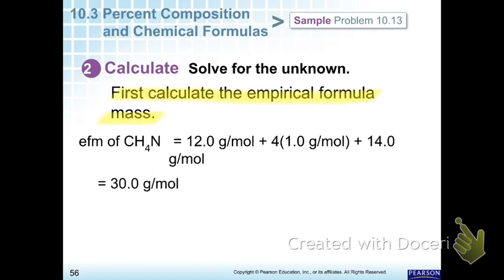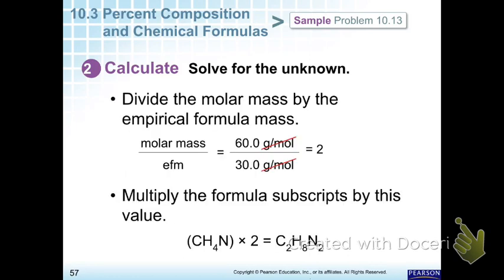You are going to add 1 carbon plus 4 hydrogens plus 1 nitrogen. And that's going to give you 30 grams per mole. The next step we said was going to be divide.